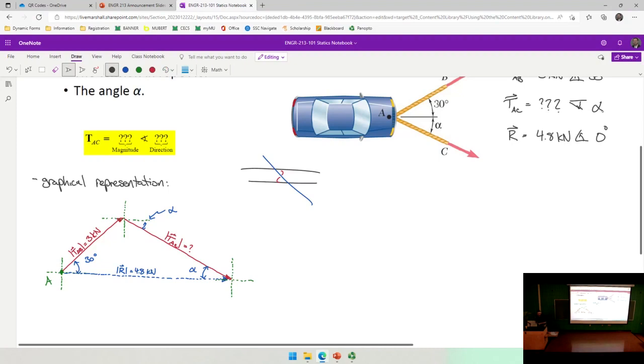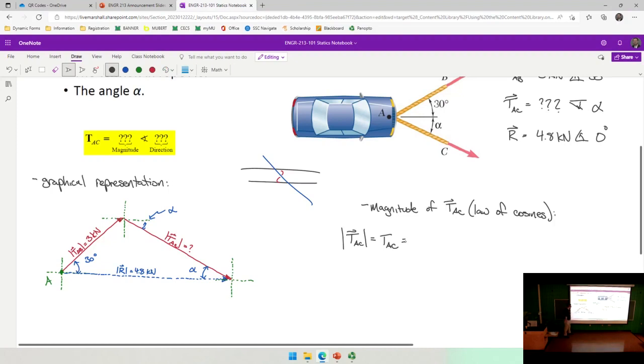So what we can do is start by determining the magnitude of TAC, and I'm going to do that using the law of cosines. The magnitude of TAC, which again I can also just call TAC without the little arrow over it. So I'll probably just do that in the formula. How am I going to do that?